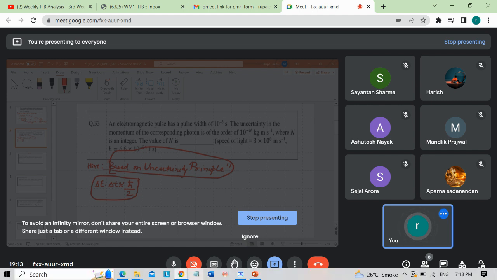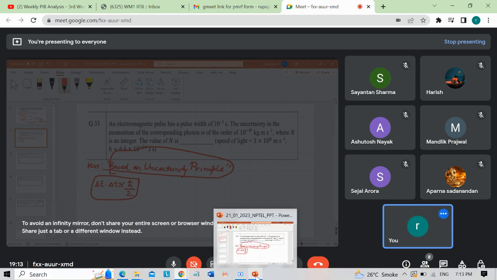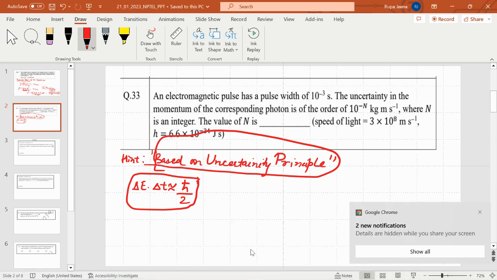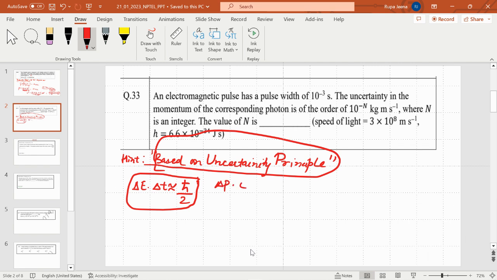So this one again I'll do. Delta E, replace it with C into delta P, delta T is h cross by 2.